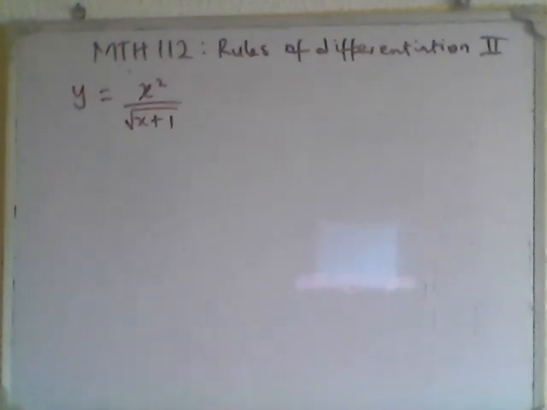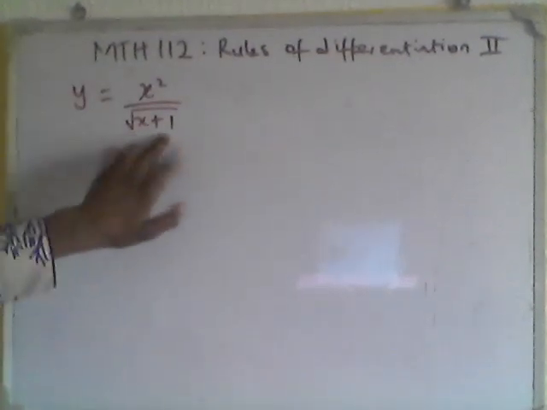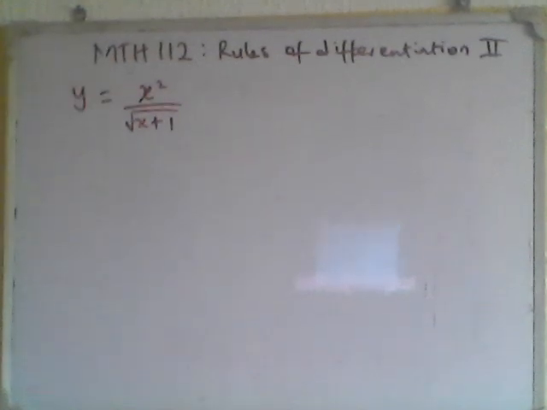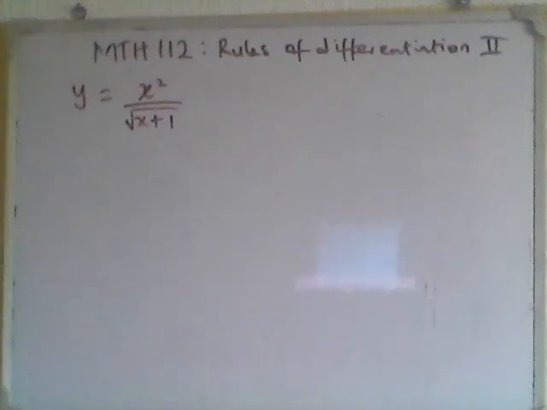So we have a combination of chain rule plus quotient rule. So this is chain rule down here, then quotient rule up here. So if I have something like this, again, I can do it as a product of two terms.